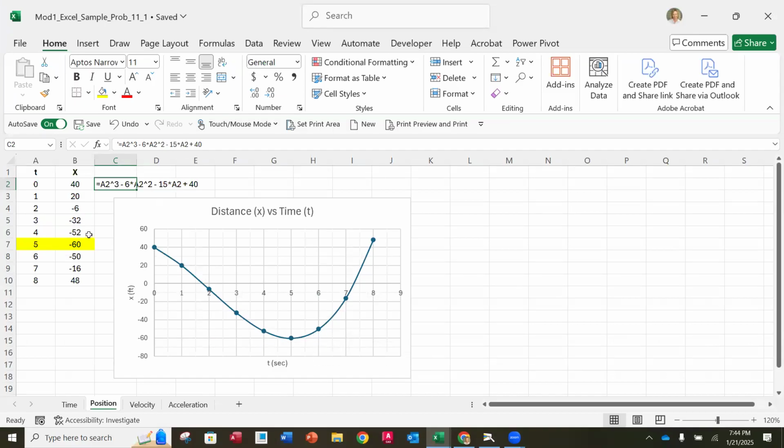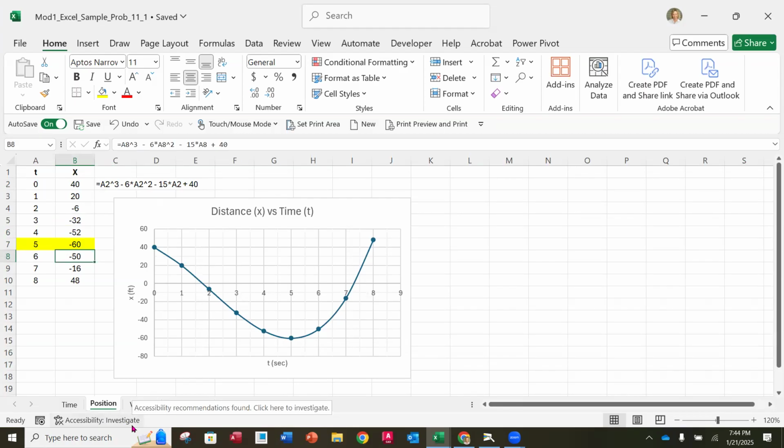What we cannot do is take the difference of the coordinates, because you'll notice that we're switching direction here, aren't we? If we take the coordinate at 4 and the coordinate at 6, that only shows us a difference of 2, right? But actually, at 4 seconds, we're at -52. We go down to 5, that's a difference of 8, right? And then from 5 to 6, it's another 10. So we went a total of 18.